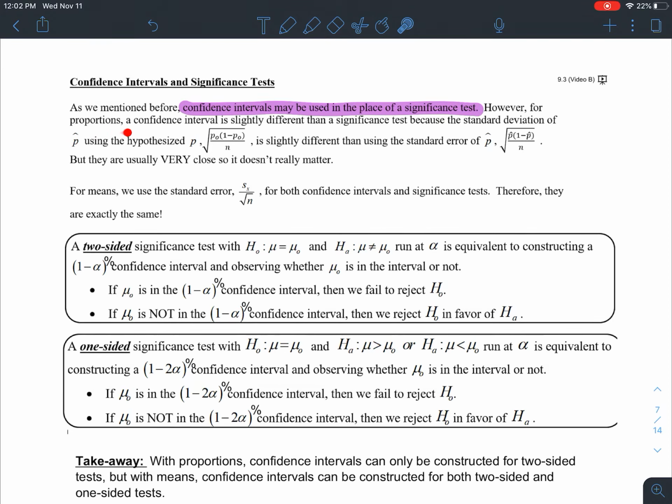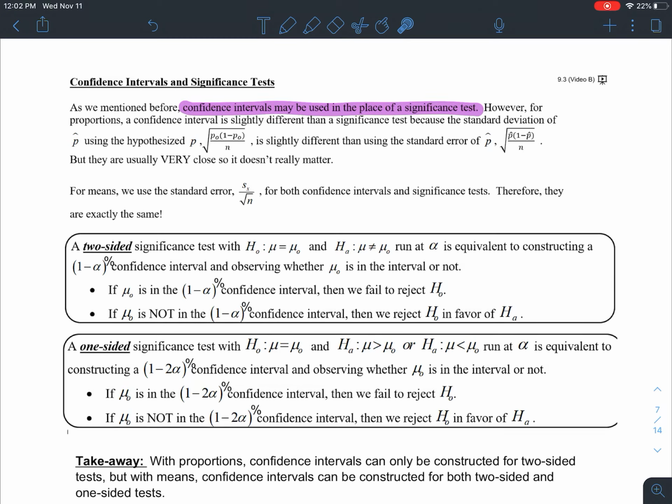Specifically, when we talked about proportions, we said those are slightly different, but they're really close, and so we can tie the connection between, if something is a plausible value in a confidence interval, maybe that would be tied in with the conclusion that we're drawing for our significance test. But when we look at means, the confidence intervals and the significance tests are exactly the same. There's no subtle difference here.